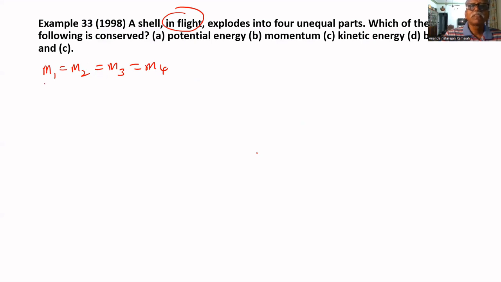Which of the following is conserved? Momentum is conserved. By momentum only we are finding, no? That's why momentum is conserved. In the previous sum, P before equal to P after. Therefore, momentum is conserved. Shall we move to next sum? Yes, sir.